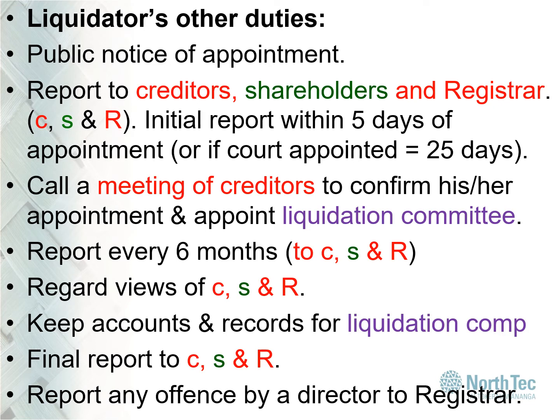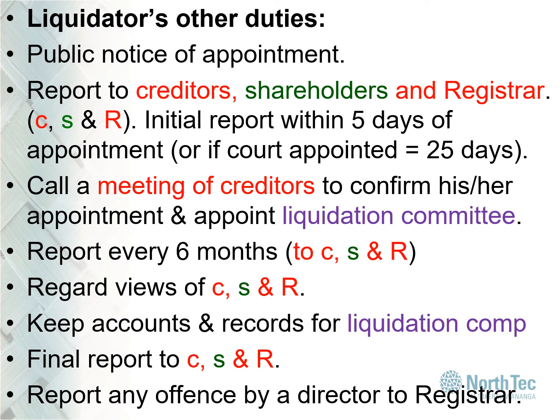And from now on, to make it easy, I'm just going to abbreviate it like that because I'm going to repeat it several times. There should be an initial report within 5 days after his appointment, and if he was appointed by the court, within 25 days. He should call a meeting of the creditors to confirm his or her appointment and appoint a liquidation committee.